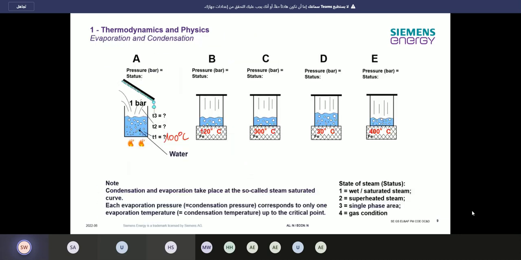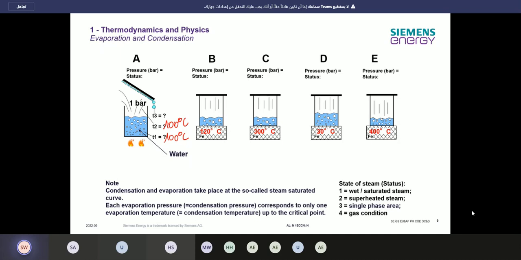So when we check on this picture now again, we see, okay, we clarified, we have here water with 100 degrees or water and steam mixture with 100 degrees. And now the steam is getting out. The steam which is getting out also has a temperature of 100 degrees Celsius because we are still on the saturation curve.